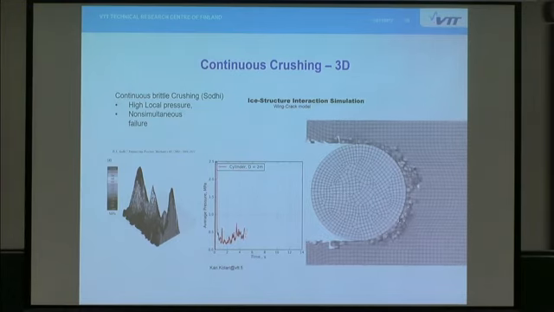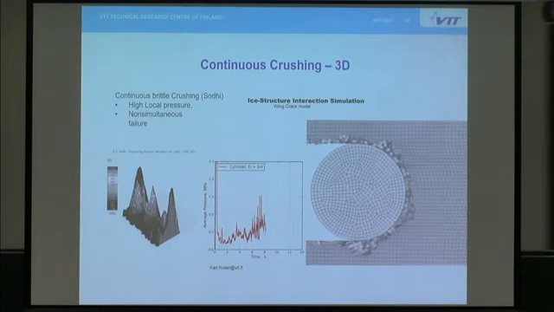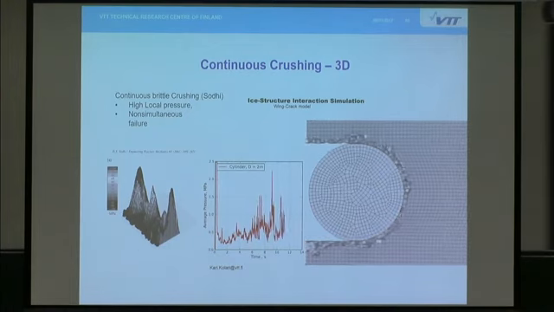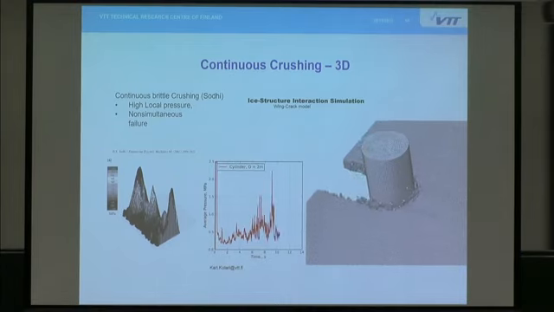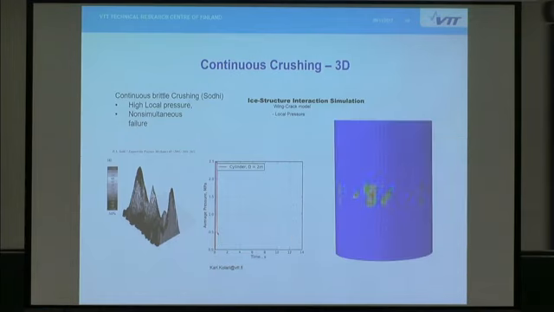Using element erosion technique, I've applied this to model ice structure interaction. This is showing the average pressure. The uniaxial compressive strength in this case is around 7 megapascals. So the average pressure is somewhere 1-2 megapascals at maximum.